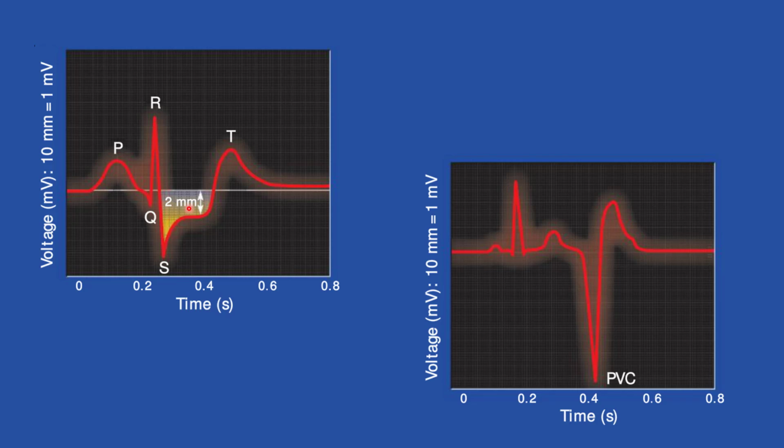And if you see that on a graded exercise test, you might not see this at the very beginning. You might not see it at stage 1 or stage 2 or stage 3, but you might see it at stage 4. And it gives you an idea of what's happening in the heart. In fact, when you see ST segment depression, this is showing us that the person might be encountering myocardial ischemia, right?